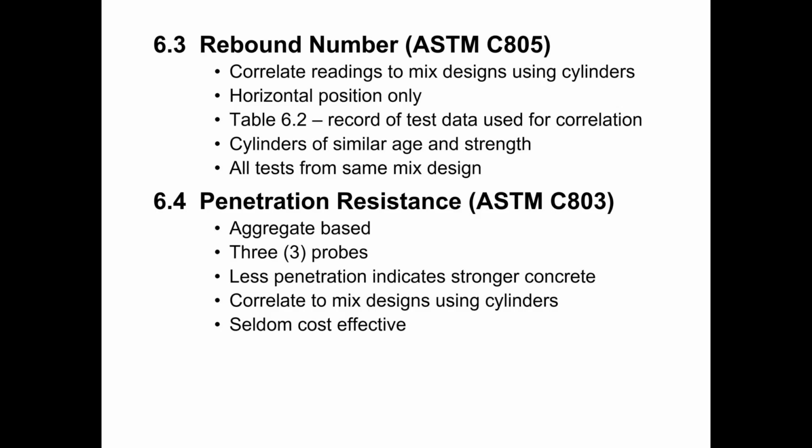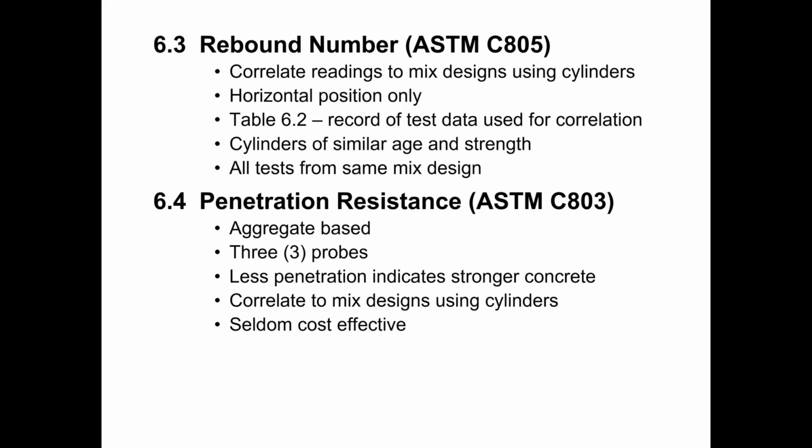For those of you that haven't seen this device before, basically it is a metal cylinder that can be held in the hand. It's a couple of inches in diameter. Inside of that metal cylinder is a spring-loaded mechanism that controls the release of a solid steel pin. The way this test method gives you an indication of strength is through a gauge on the side of the steel cylinder of the rebound hammer.